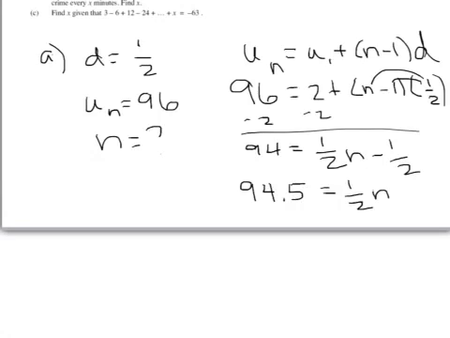And then to solve for n, I'm just going to multiply by 2, and n is going to be 189. The 188th term.